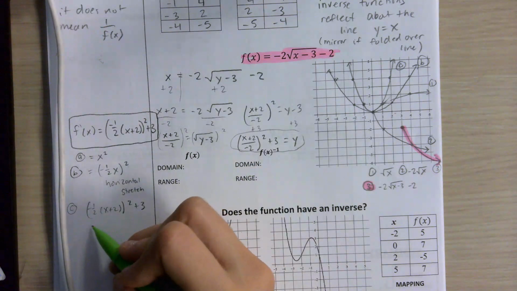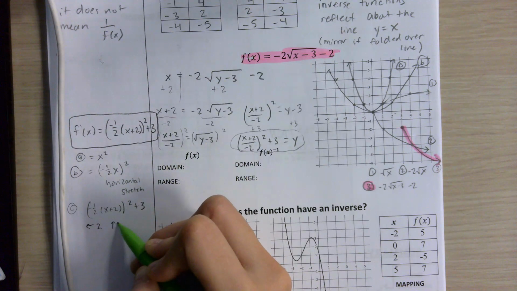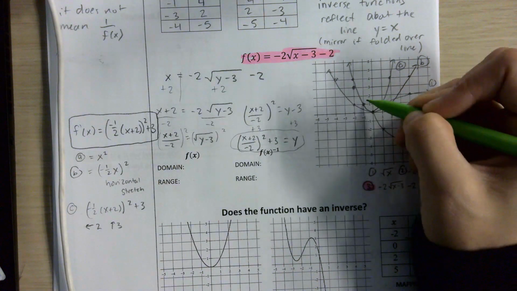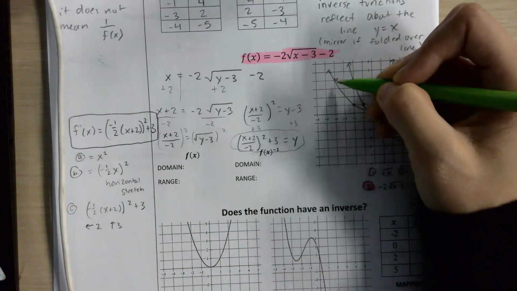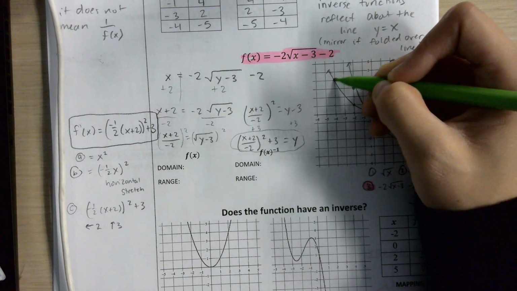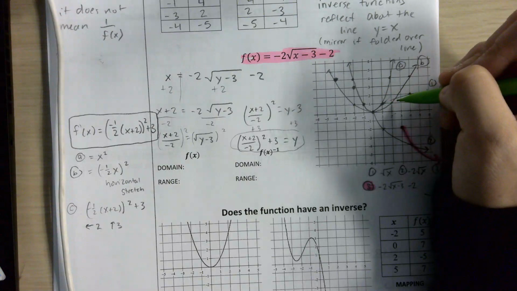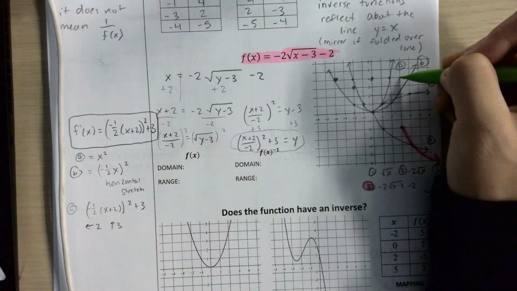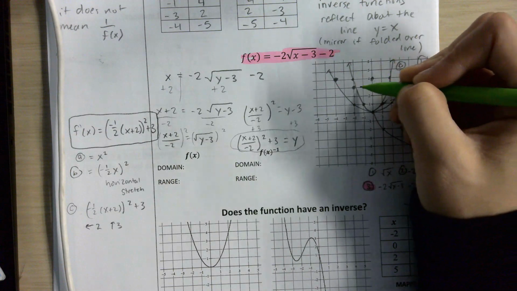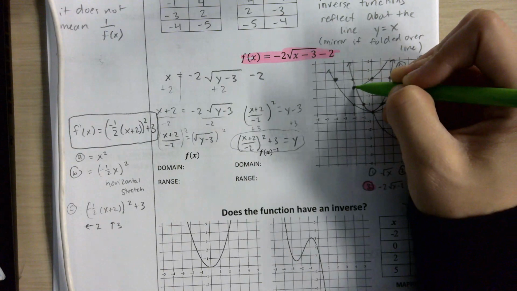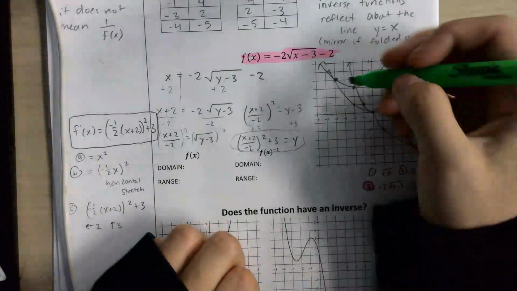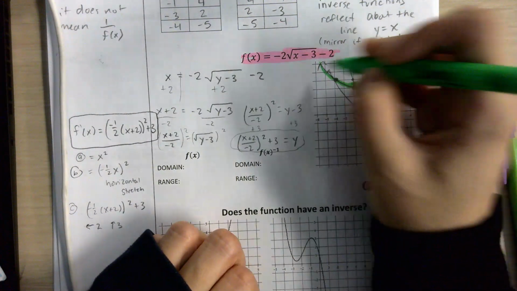So we shift 2 and then up 3. So over 2, up 3, over 2, up 3. This point, over 2, up 3. This point, over 2, up 3. So we're sort of beyond it. Okay. Super ugly, but we're just reminding you how to do shifts and translations.